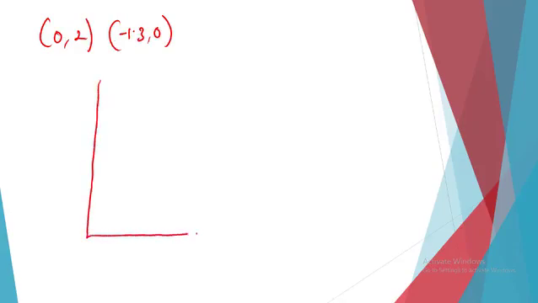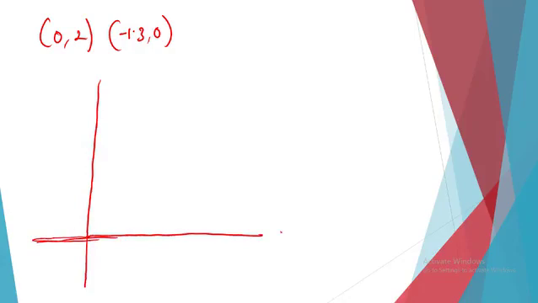So we have 0, 2 and minus 1.3, 0. So let's assume this is our graph, and we have both the x-axis and the y-axis.